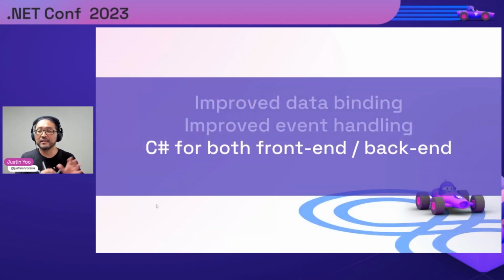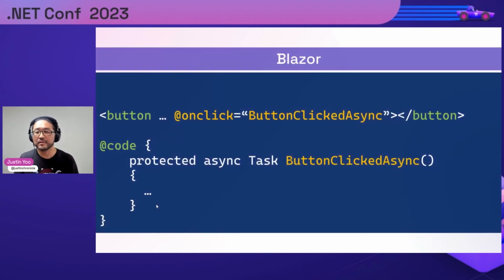And this is the most eye-catching one, I guess. I can dare insist we can use C# for both front-end and back-end application development, even interacting with each other. So this is an example. In a WebForms application, in order to handle this on-click event, the server postback must happen, as I mentioned before.